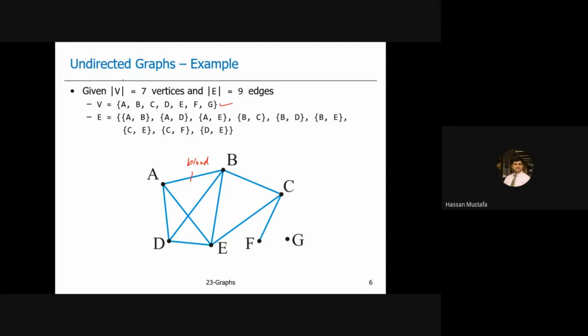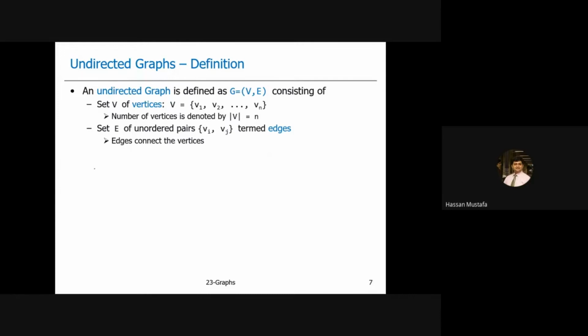But first, we see some more detailed definitions, terms that are related to undirected graphs. Formally speaking, for an undirected graph, the tuple that we store in the set of edges is unordered, which means if I write it as Vj, Vi, it represents the same thing.